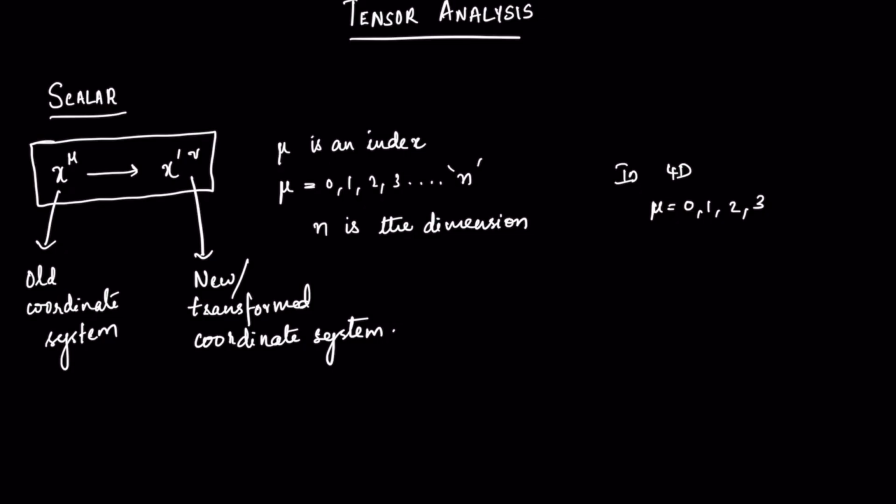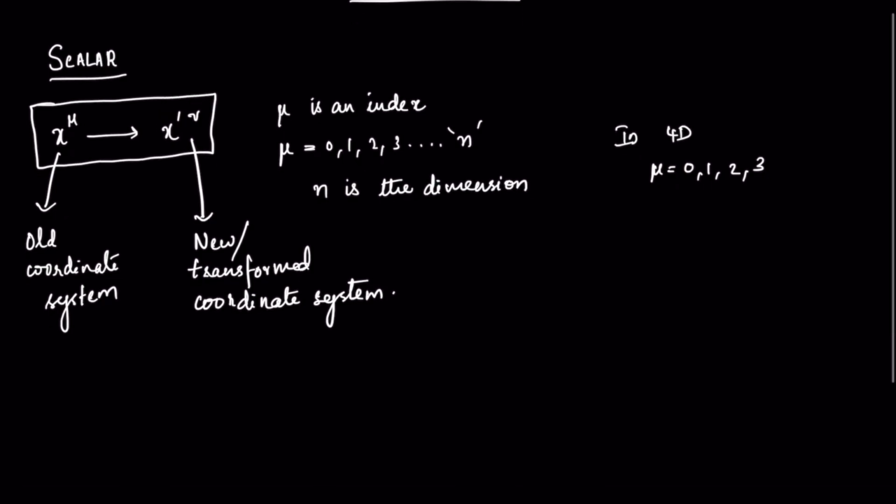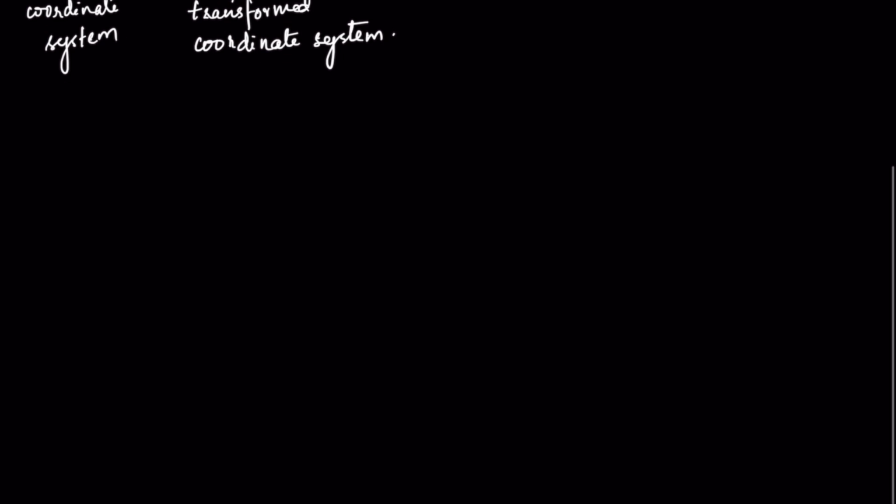For example, consider f, phi. Phi is a function and let phi depend upon the coordinate x mu. So phi is a function in the old coordinate system, that is the unprimed coordinate system, and it is said to be invariant if it remains unchanged under the transformation.